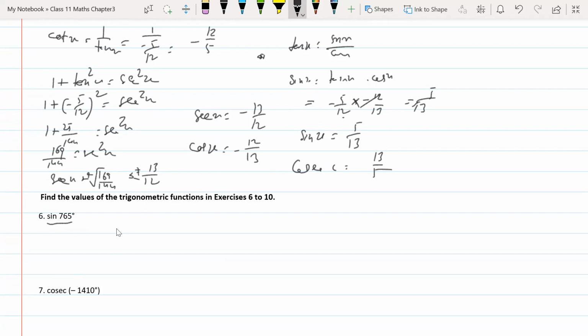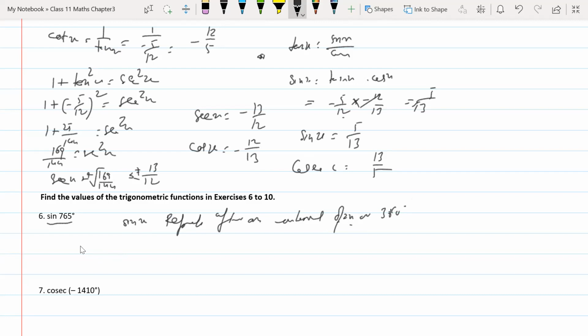We know that sine x repeats after an interval of 2 pi, or 360 degree.